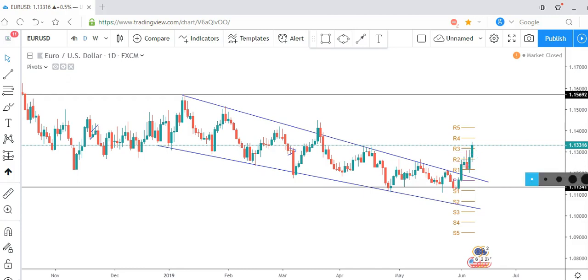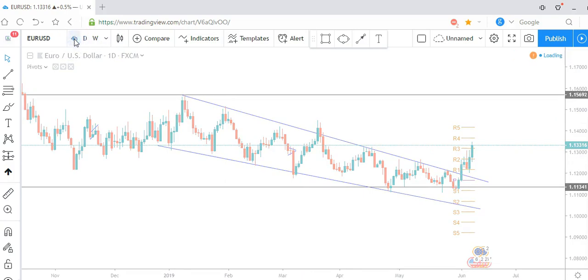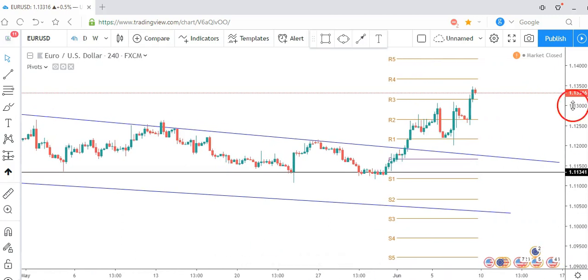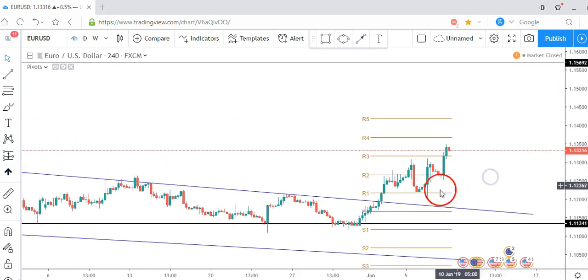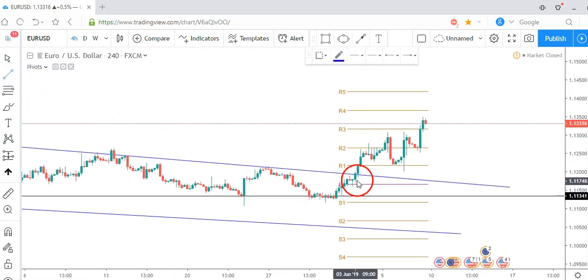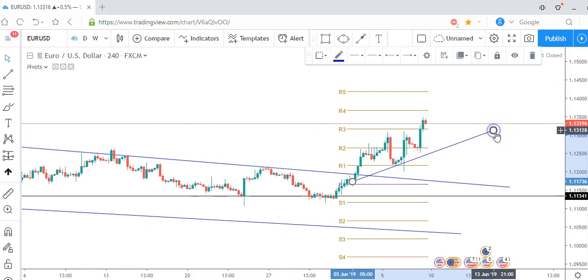The only way you can enter this trade now is that since price is already closing above the PP, you may likely see a price correction back to R2 before a continuation. So you go to your lower time frame, and what are we seeing? Price moving up gently. All you need to do is draw this trend line here and wait for price to come back and retest your trend line.